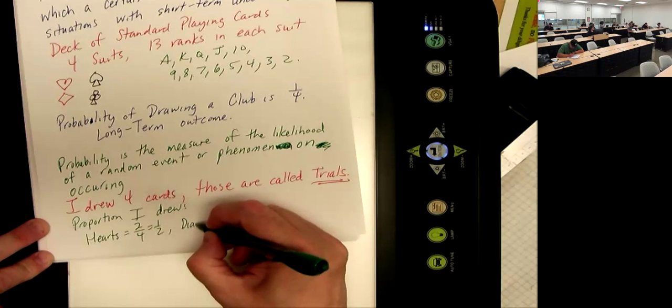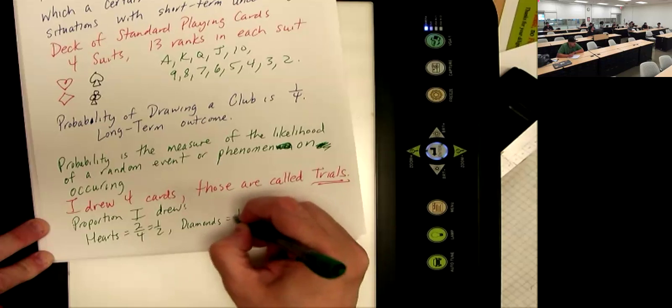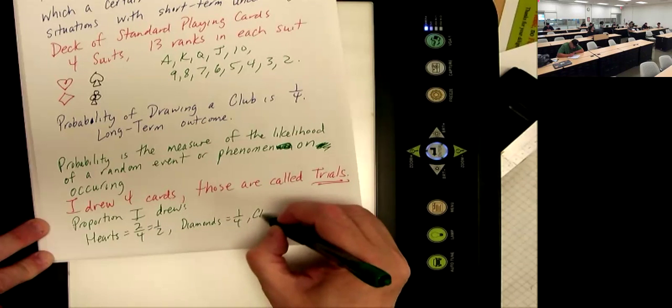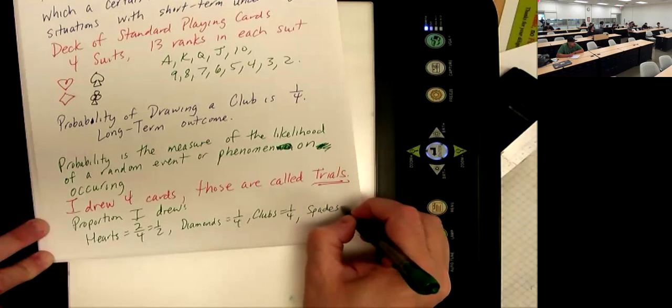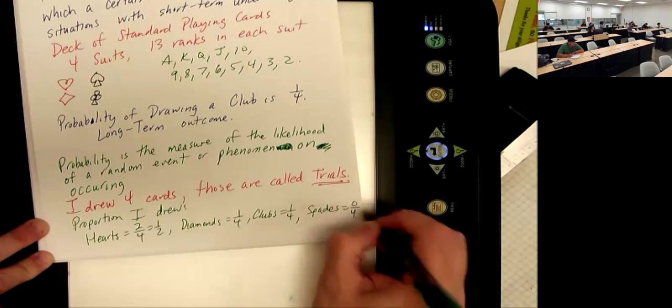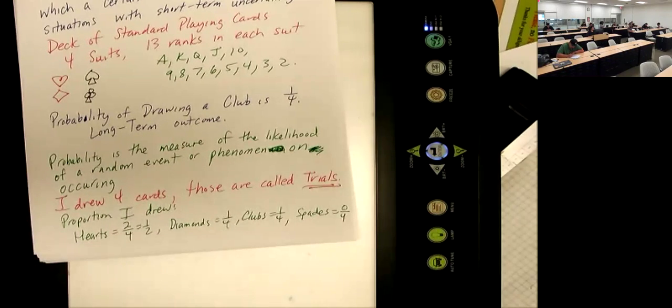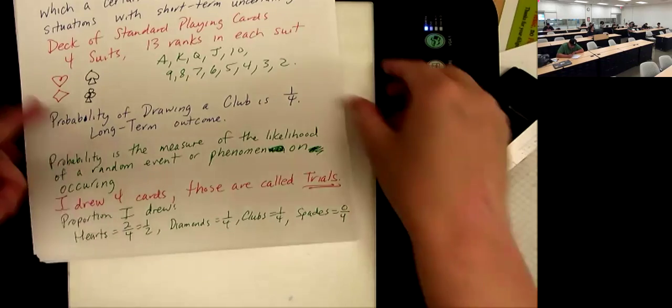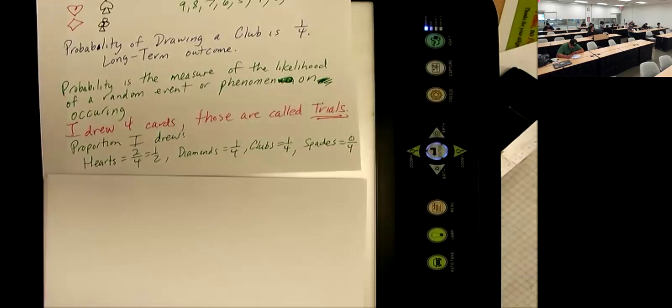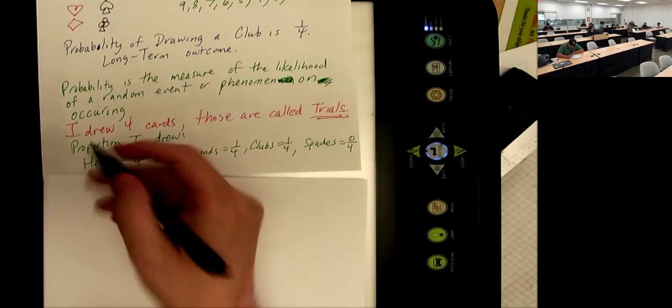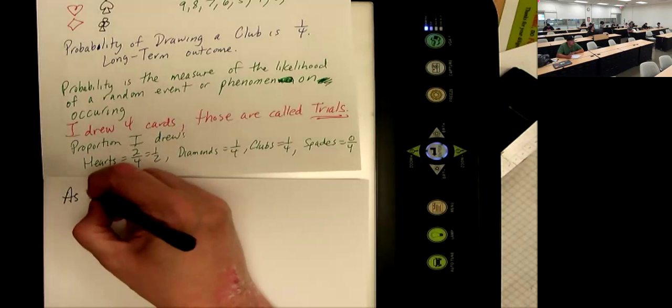For diamonds, I had 1/4. For clubs, 1/4. For spades, 0, or 0/4. These are proportions, it's the proportion I drew, it's not probability here. Proportion and probability have a very strong connection. As I increase the number of trials.